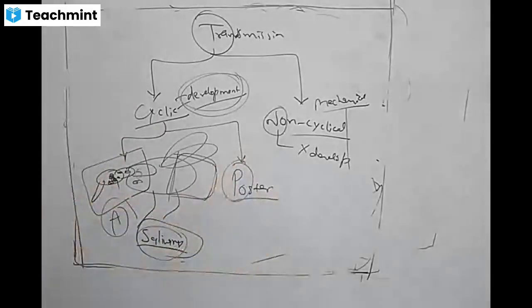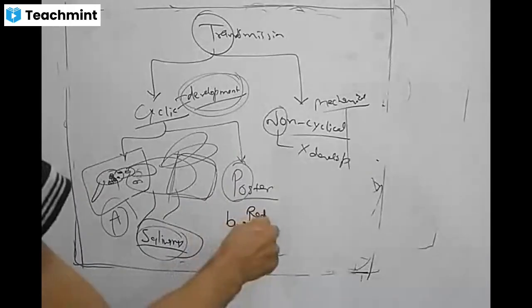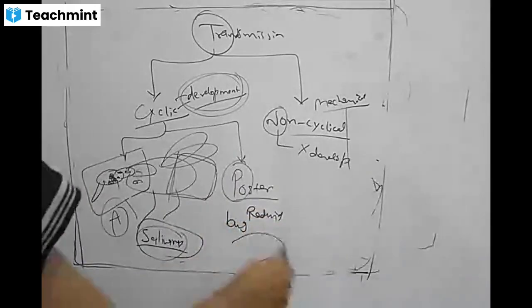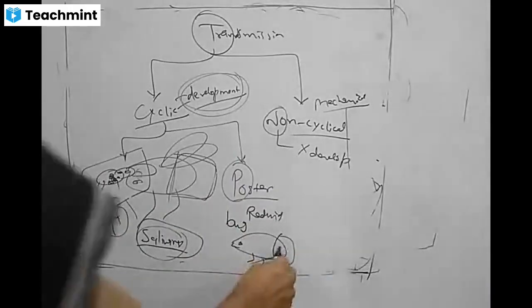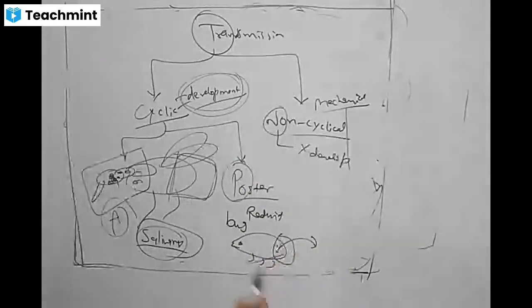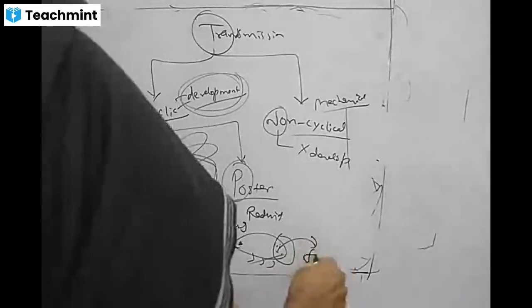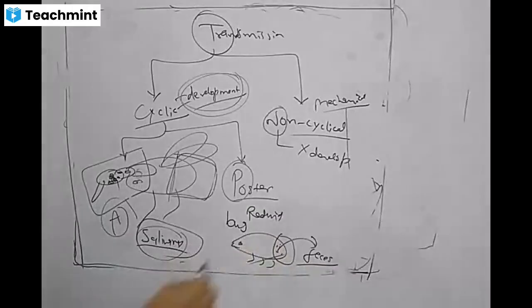But in case of posterior development, if you take one example of your bug, kissing bug, suppose this is the bug and this is the posterior part. The development is in the posterior part. It means the forms will come out with the feces of your bug.